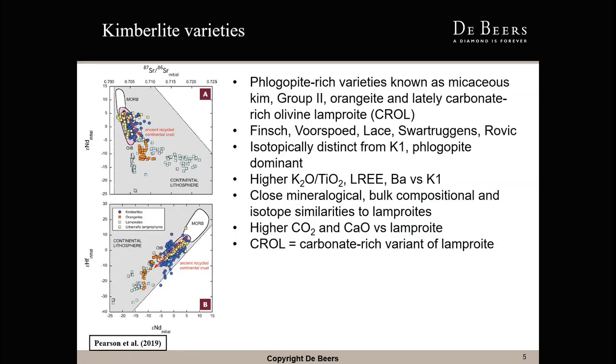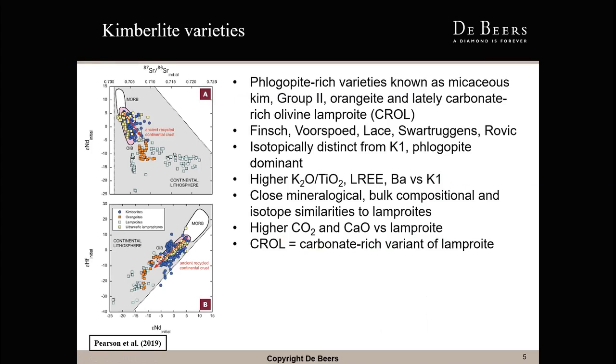In terms of kimberlites, there are really the two main types, group 1, and they are characterized by fairly depleted isotope geochemistry, and then the group 2s, which are your micaceous kimberlites, and they've variably been known as micaceous kimberlites, orangeites, and lately, after some work by Pearson et al. in 2019, have been termed carbonate-rich olivine lamproites.